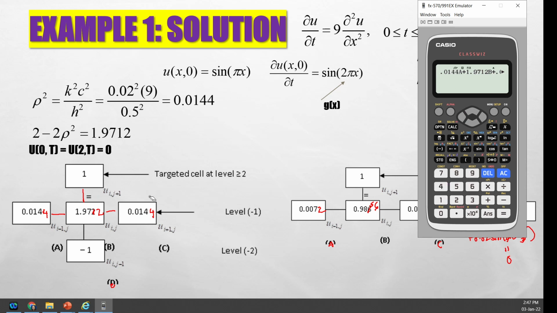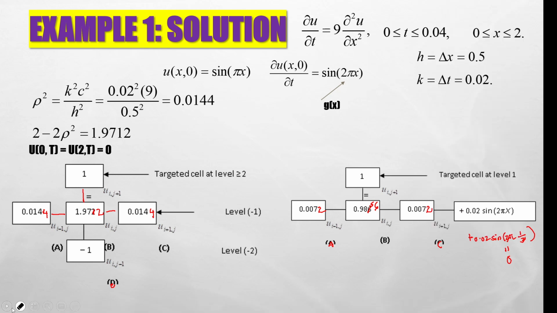So now we key in the molecule for level 2 onward. One cell of the targeted level is equal to 0.0144, A represents the left middle cell, plus 1.9712, B represents the center middle cell, plus 0.0144, C represents the right middle cell, and then minus D represents the center bottom cell.